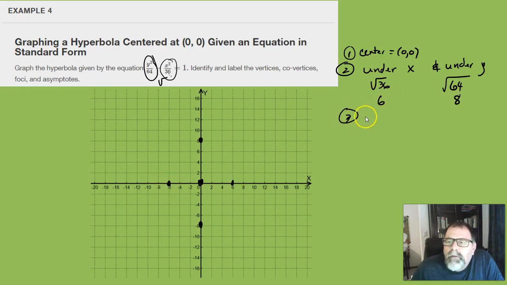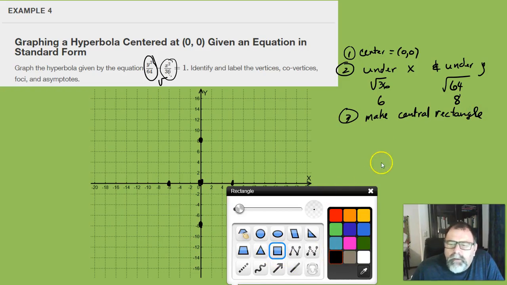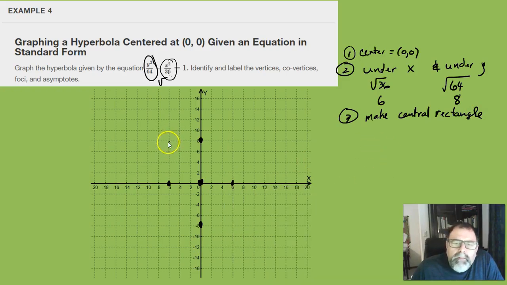Then I'm going to make what this book calls a central rectangle, but I say fundamental rectangle. It's not dotted. Basically, you just need the corners of that, because that's what's going to be for my asymptotes.